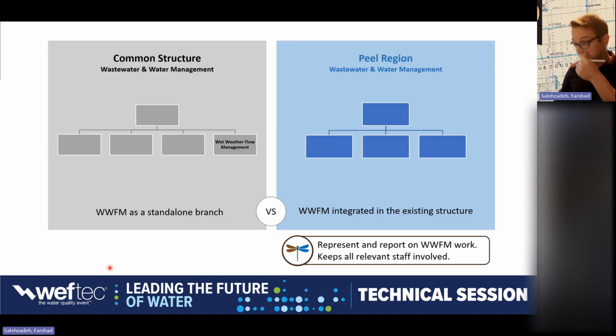Something else that I want to highlight, one of the last slides that I have, we did all of this work differently than almost any other jurisdiction. We did not go and create a wet weather flow team and dedicate 10 to 20 staff to it to do the work, because a lot of the expertise that was needed already existed in our org chart. So the way that we did this was we went into all of those existing systems and modified their mandate ever so slightly.